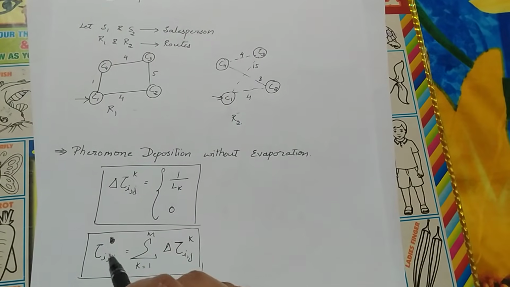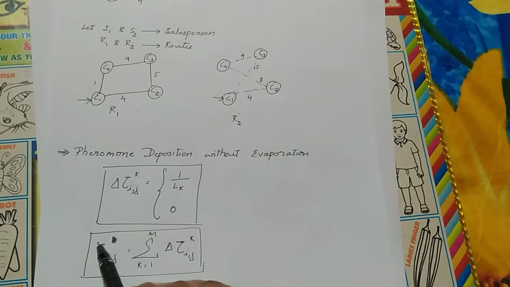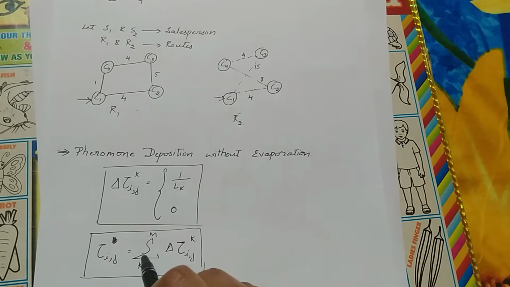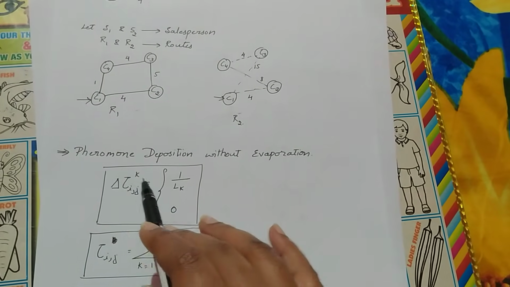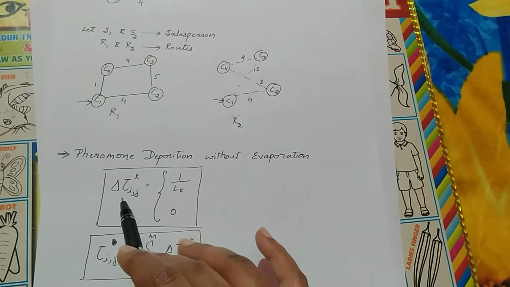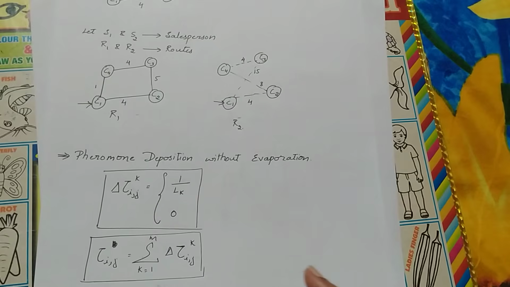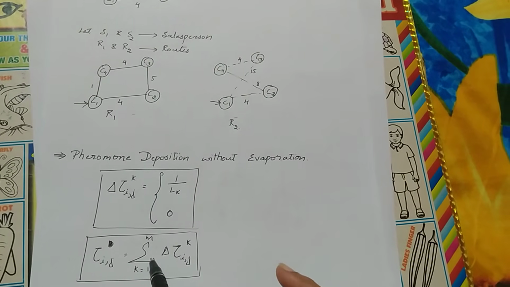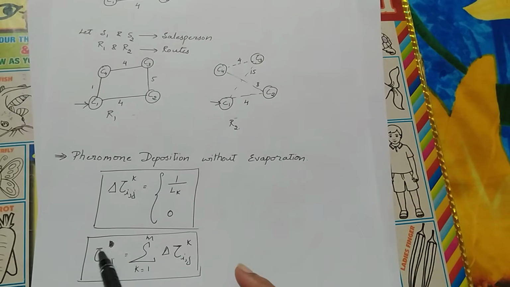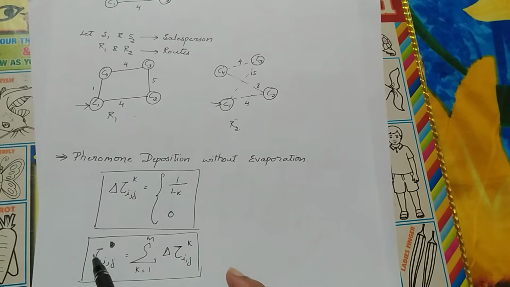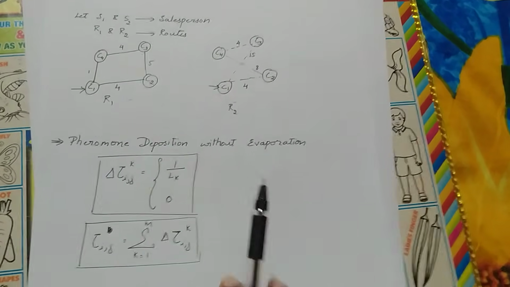The total pheromone deposition will be the summation of all of these. This is for one particular ant, there might be two or three. So when we sum all individual salesperson values, we get the total pheromone deposited in that particular link. So we'll see now.